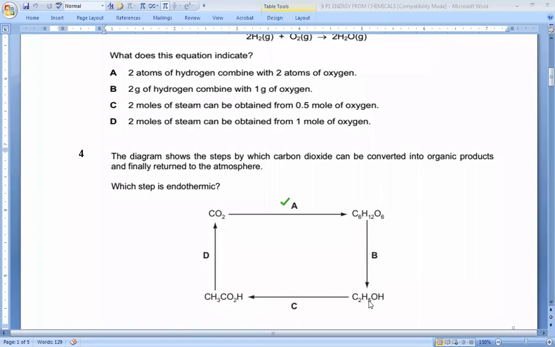C2H5OH, ethyl alcohol, reacts with oxygen and changes into ethanoic acid, CH3COOH. This reaction is also exothermic, while organic compounds when burned in the presence of air produce carbon dioxide. So options B, C, and D are exothermic, but carbon dioxide producing glucose through photosynthesis is an endothermic reaction. So for question 4, option A is correct.